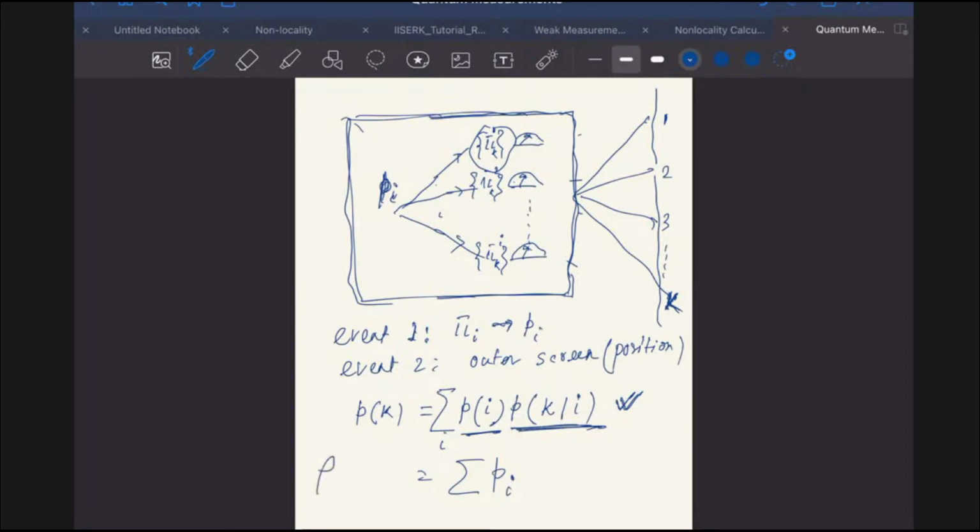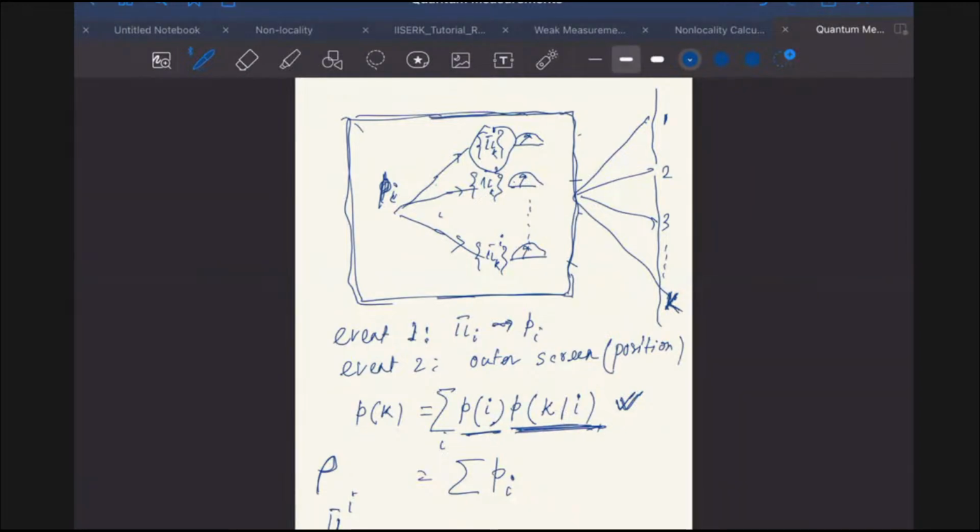Let's say I have a state rho. So what will be this probability? I have a state rho, and what is the probability of detection at k? Let's say the projector corresponding to the kth outcome is pi i k.